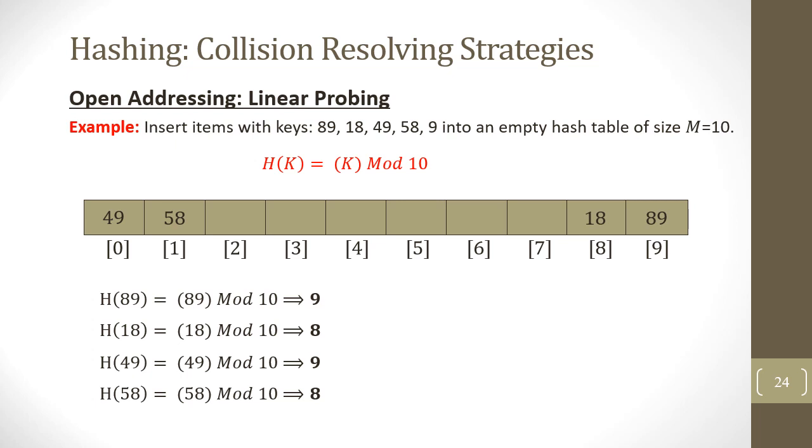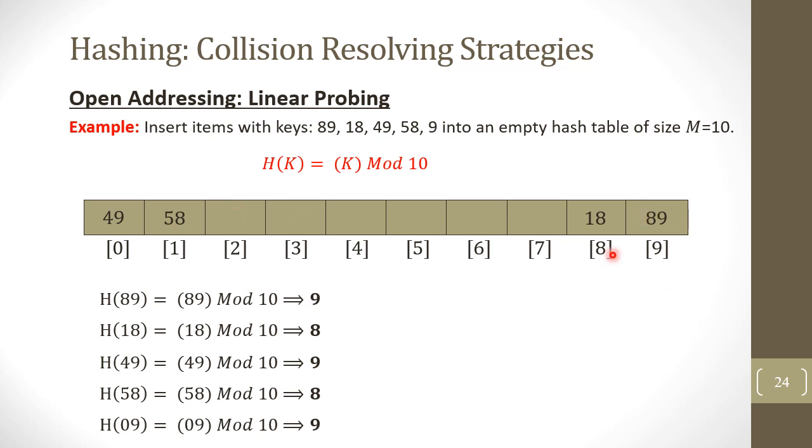Similarly, the last item 9, we take mod 10 of 9, which is 9. In this case, the ninth location is already occupied. We look at the next two locations or slots which are already occupied. So the third slot is empty.